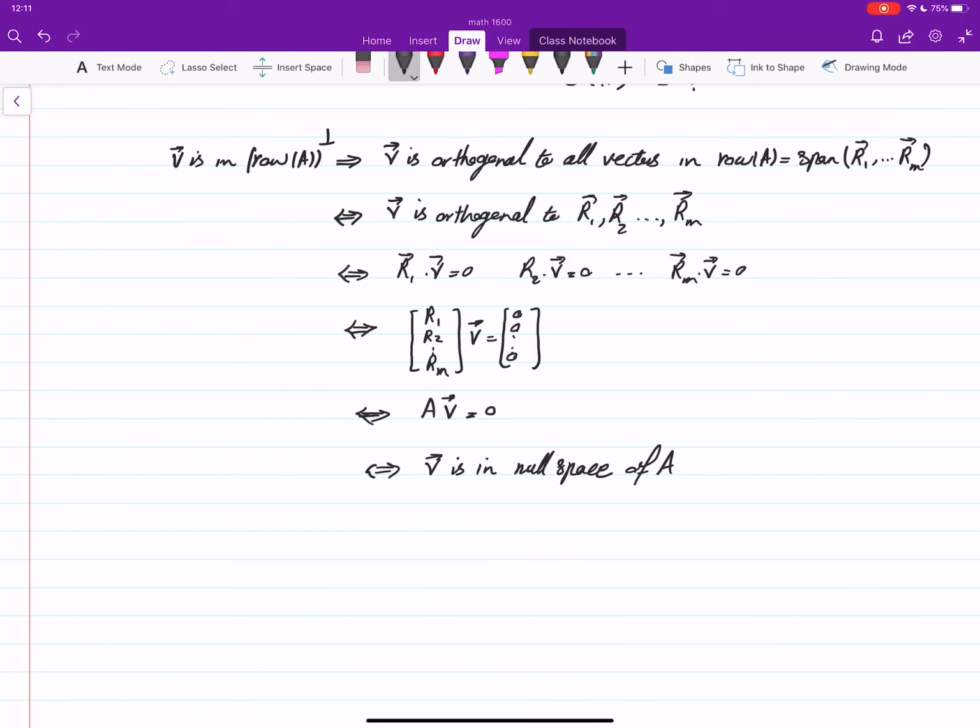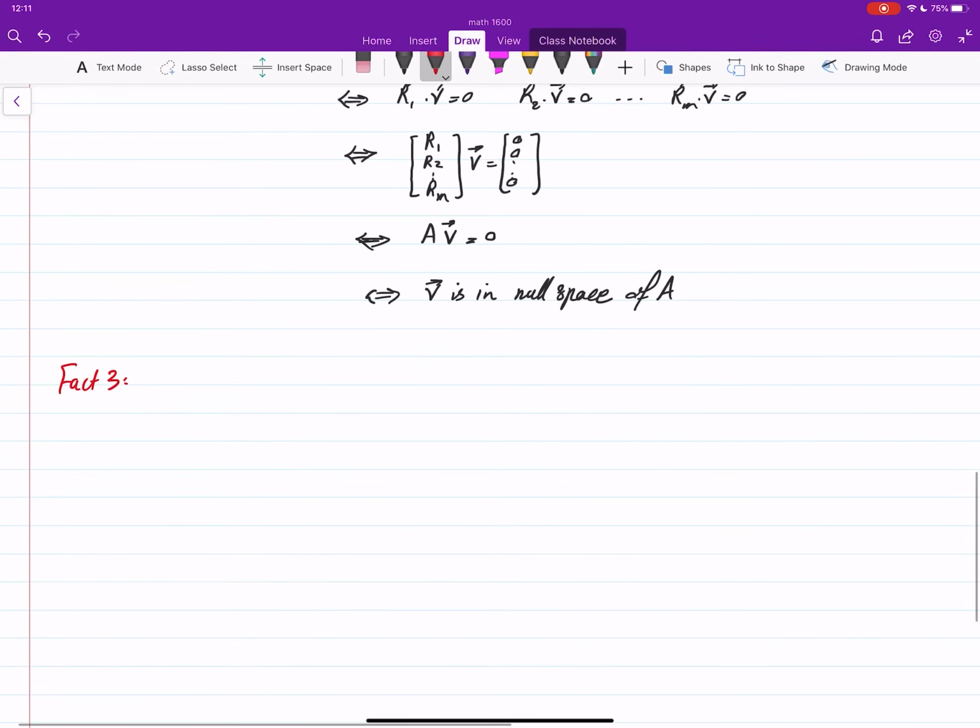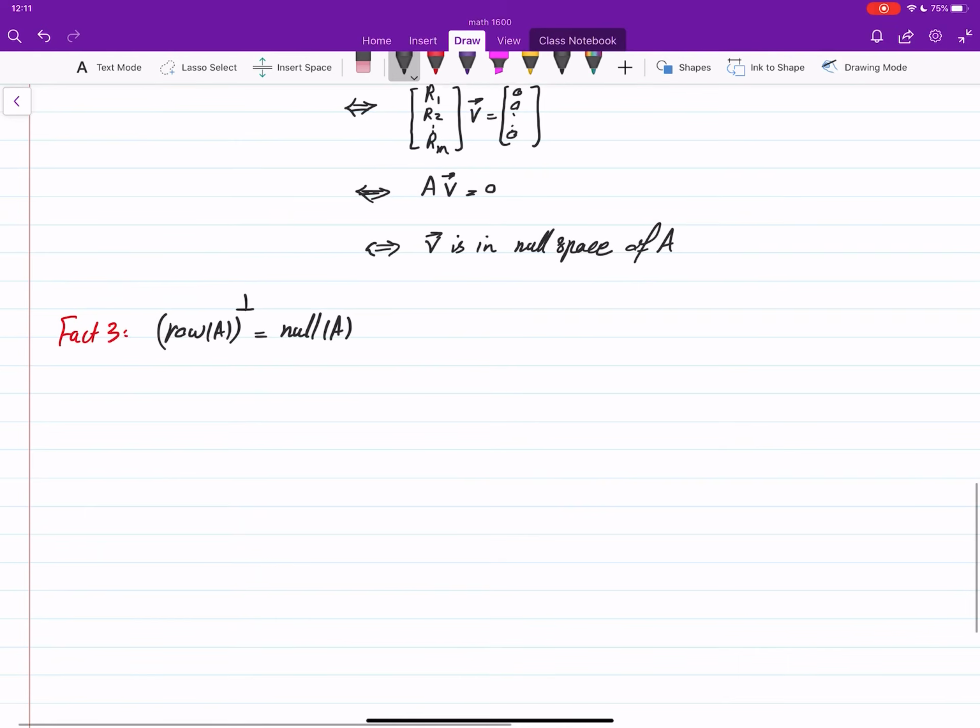What we showed here is fact 3, and we will use this very strongly: for the row space of a matrix, you find the orthogonal complement of that, and this is the same thing as the null space of A. So you just need to find all vectors for which Av is equal to 0. Solve the homogeneous system with the coefficient matrix A.